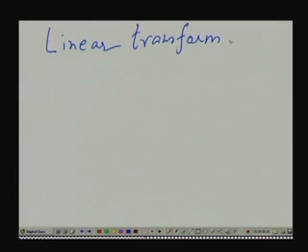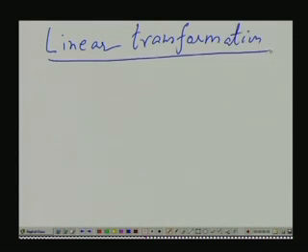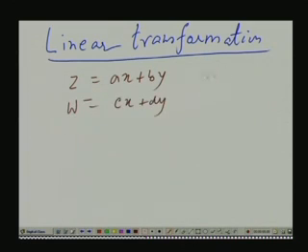Suppose we consider a thing like this. That is, suppose it is given that z is equal to ax plus by, linear, and w is cx plus dy, and it is given that the determinant of this matrix, AD minus BC, is not equal to 0.